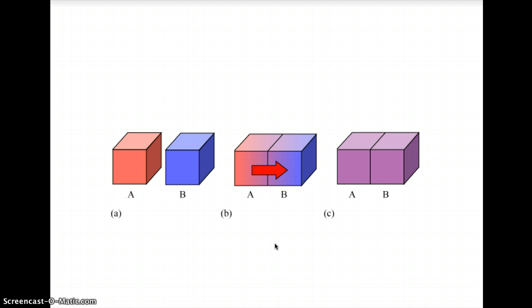And this is going to go on until both objects have the same temperature, which we refer to as equilibrium. And we'll get into a little bit more about that in class.